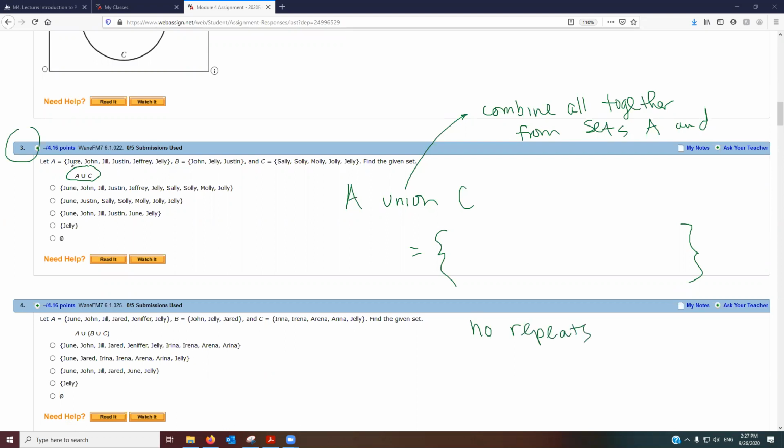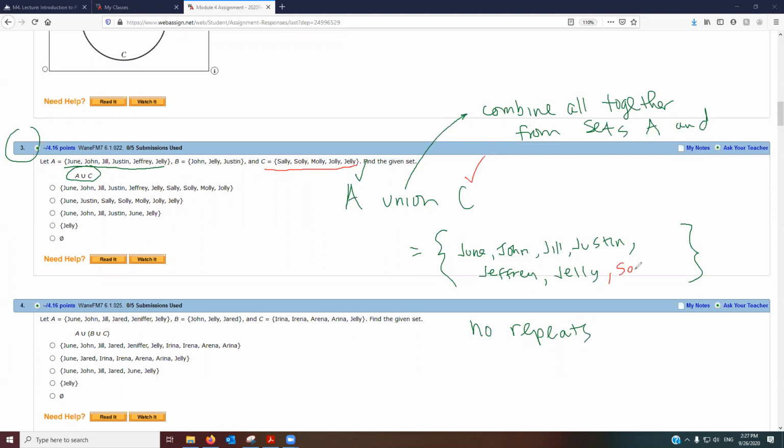All right, so let me go grab A. It's going to be these. So it's going to be June, John, Jill, Justin. I guess they like J names, right? Jeffrey and Jelly. Okay, now, so I just took care of all the elements from set A, but I've got to also add in the elements from set C. So here it is. Let me add them in.